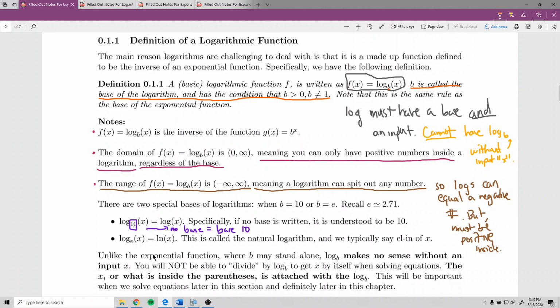Now, the other special one is when the base is e. It actually looks like a totally different thing. Log base e of x, we write as ln of x. So base e is equal to the natural log. That's what ln stands for. This is called the natural logarithm, and the way you say it is ln of x because it's ln for log and natural.